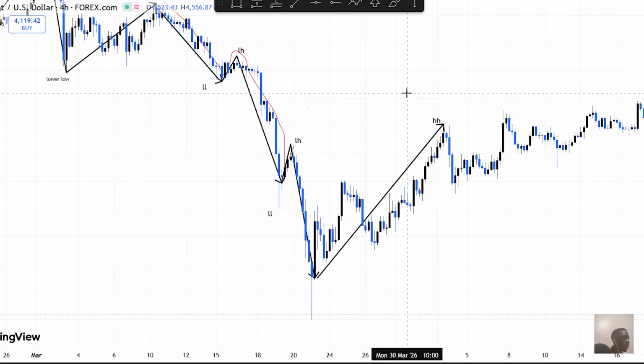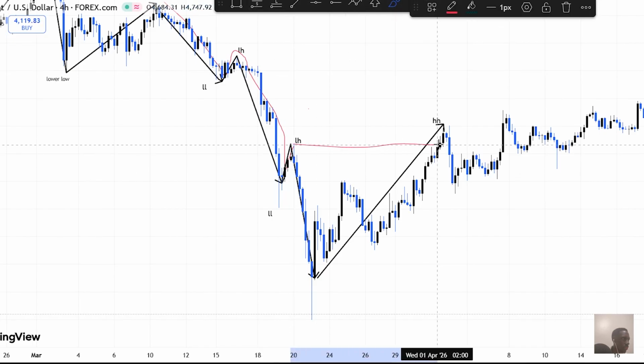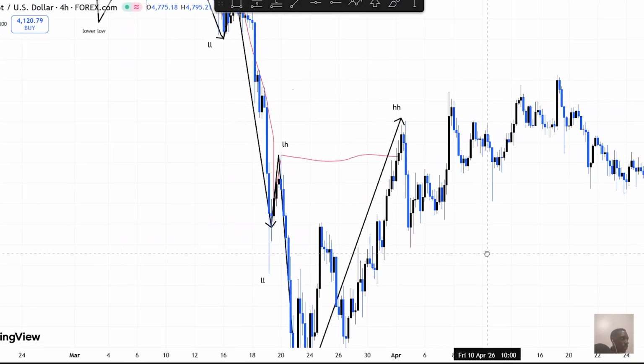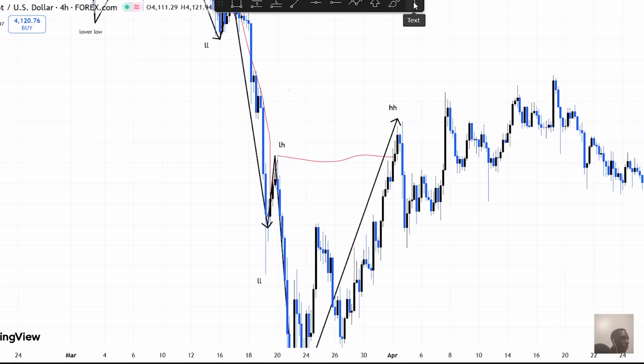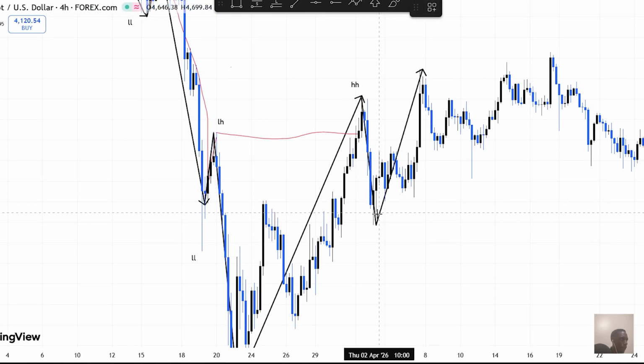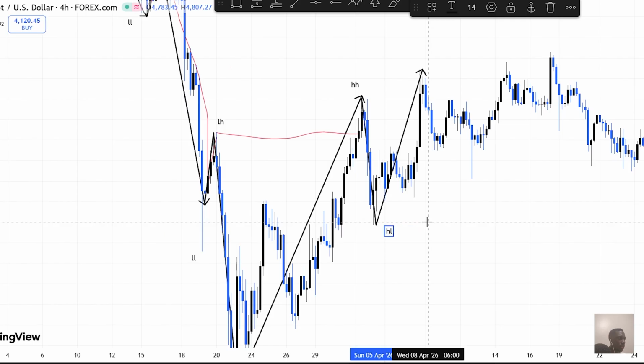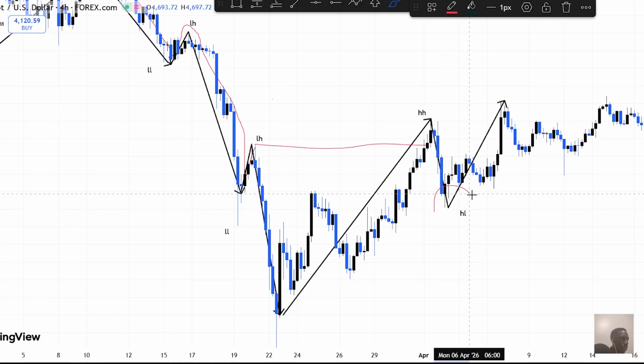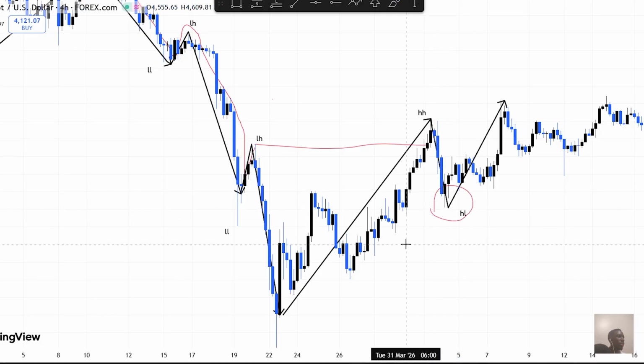It violates this level here, giving us a higher high, and then price also gives us a higher low. So now this is where we focus on our entries from there. That can be our entry.